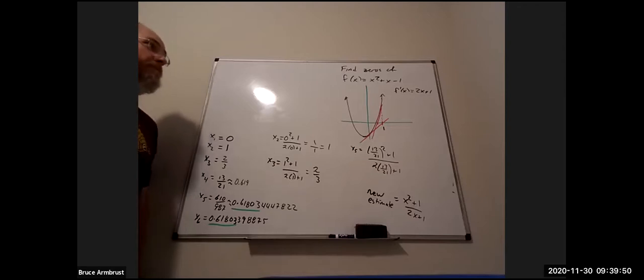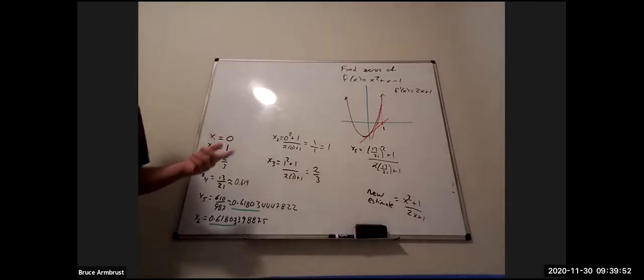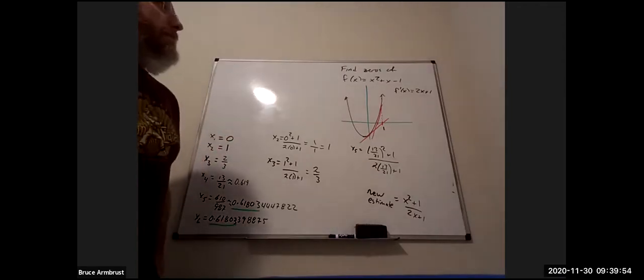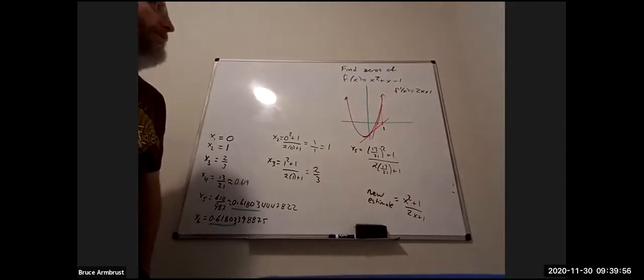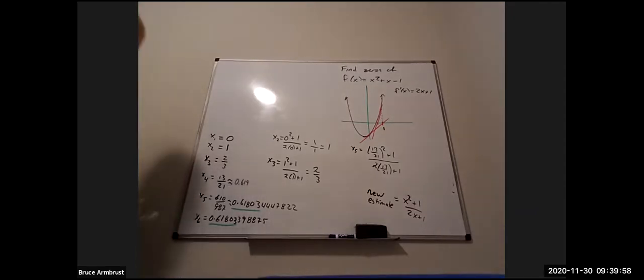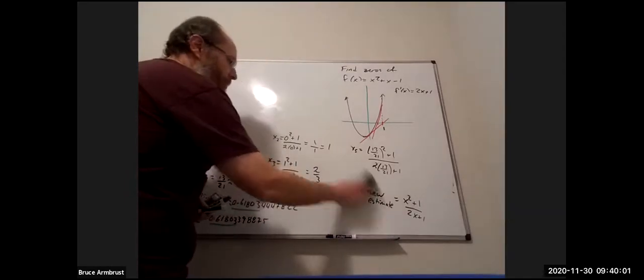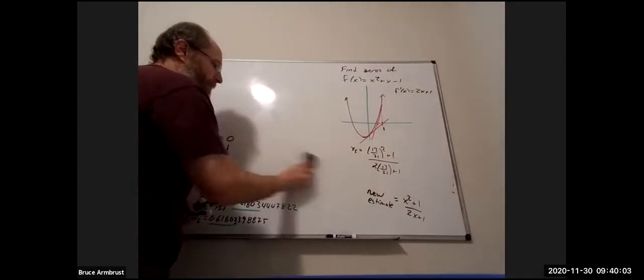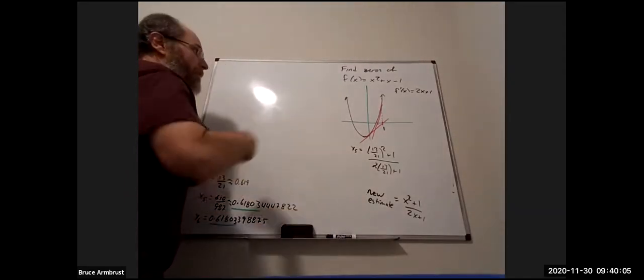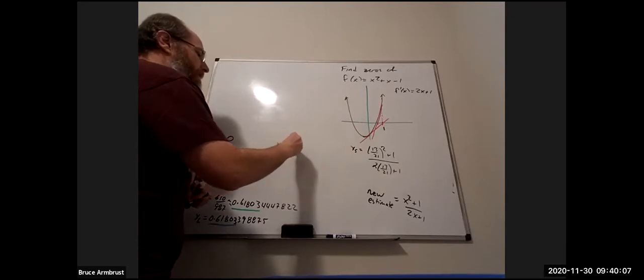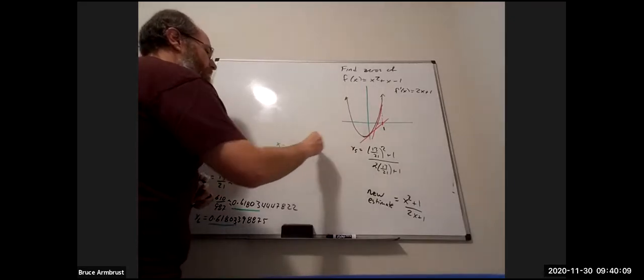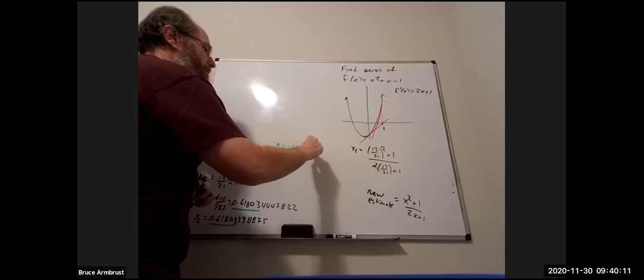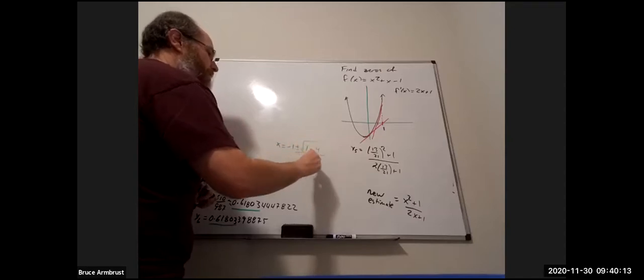So if you were to do the quadratic formula on this, I mean, this was a quadratic. We could have done the quadratic formula. Let me just show you really quickly. The actual 0 is -1 plus or minus the square root of 1 plus 4, over 2.